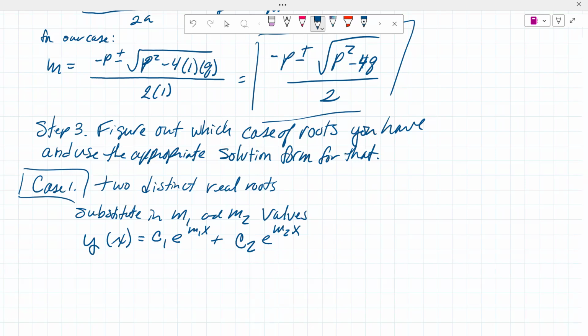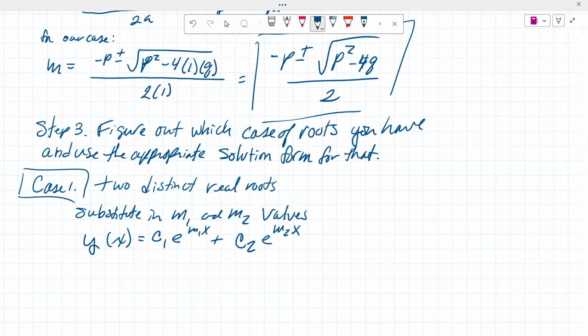So we've got 2 m's, because we have a plus and a minus root. One of the m's goes here and the other one goes here. But how do I know which one is m1 and which one is m2? Well, in fact, it doesn't really matter. There are 2 constants and there are 2 m's, and that's really all that matters here. This is a function of x, and so here are the x variables showing up.